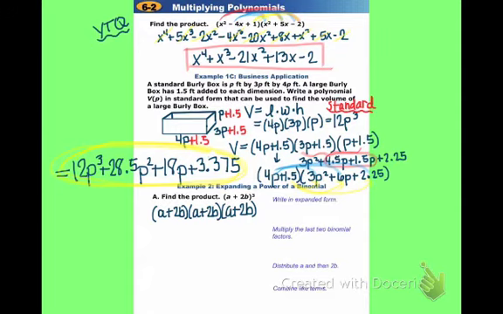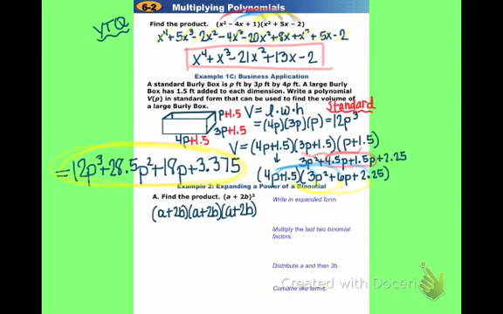But what maybe complicates the issue a little bit here is we also have 2 variables, whereas in the prior example we just had p. So probably the best way to approach this, and we're going to look at other ways, but for something that's a low power like 3, if we're just multiplying 3 binomials, is really just to multiply these out by picking 2 binomials to start with.